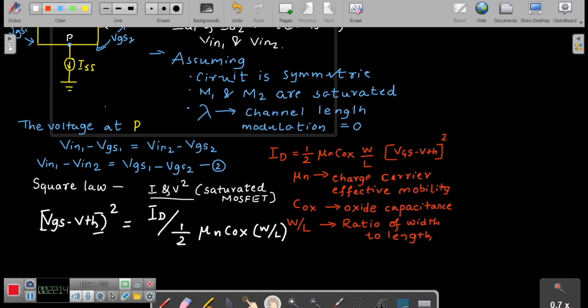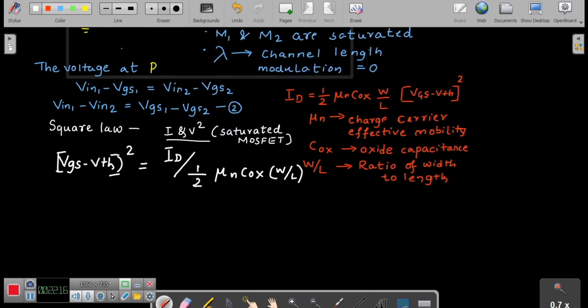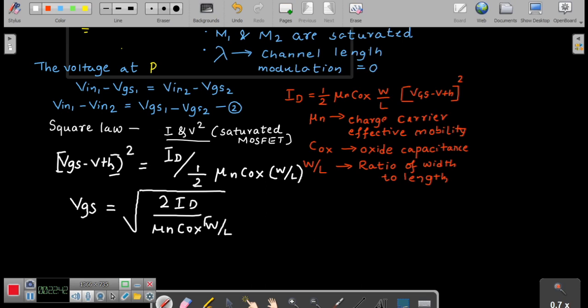Now, why I have written this expression is I have to get the value for VGS. So my VGS, if I further simplify, is going to become under root 2 ID, all of you please check this expression, divided by mu n CoX into W by L, plus VTH.